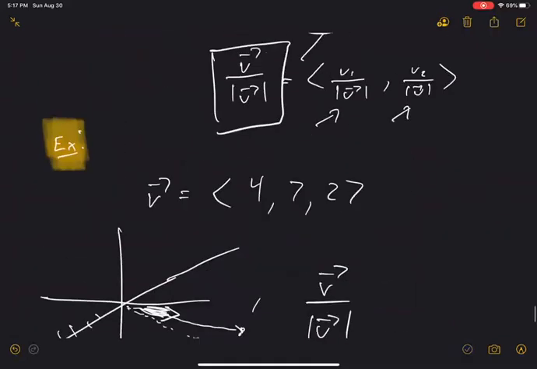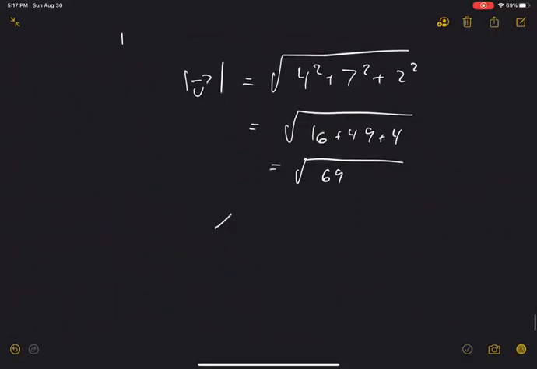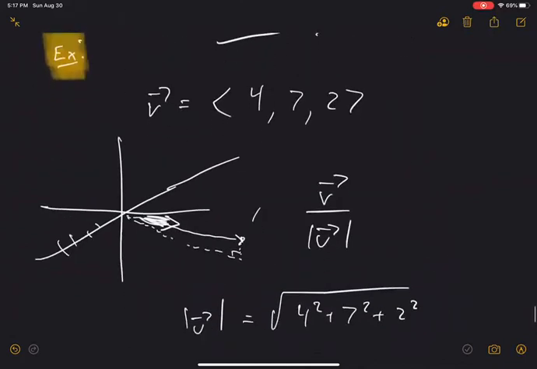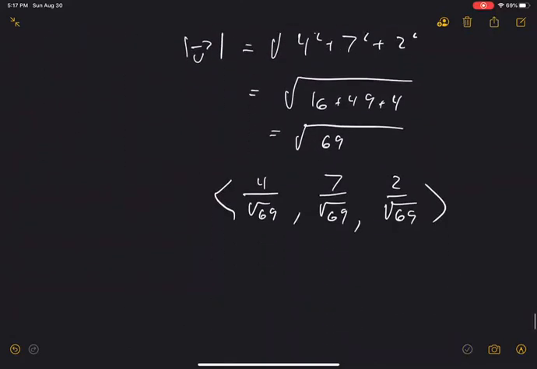So if I take the components of V and divide by that magnitude, so 4 over square root of 69, 7 over square root of 69, 2 over square root of 69. This thing is now a unit vector pointing in that same direction. Okay, so that's an important concept, and being comfortable with that will help in this next bit.